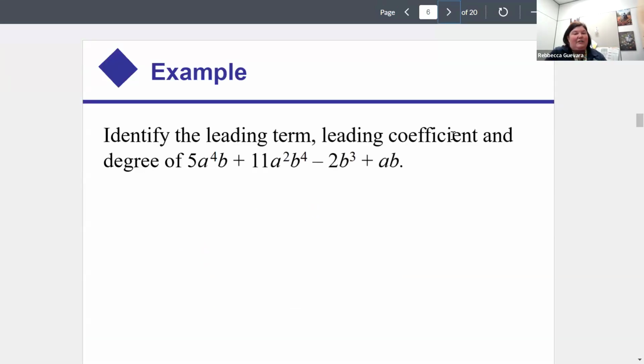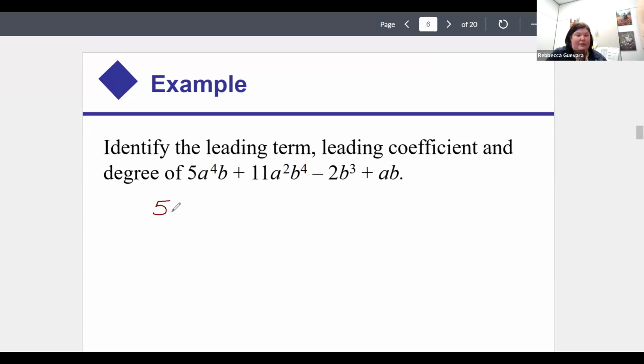Okay, so we want to identify the leading term, leading coefficient, and the degree of this polynomial. So we're going to write down each term. We're going to write down the degree so we can figure out which one is the leading term. So I have 5, a to the 4, and b.